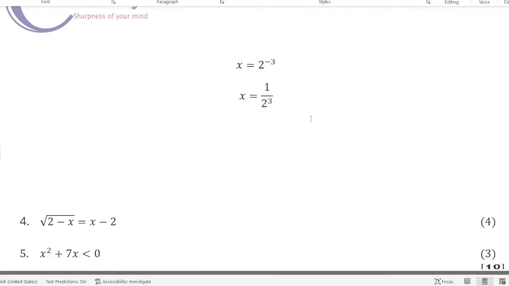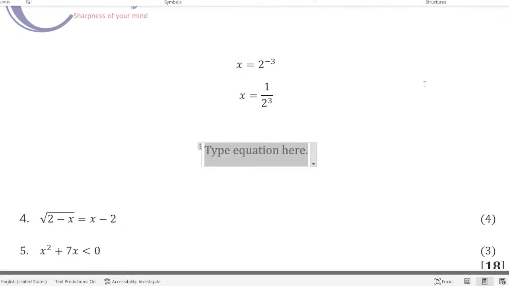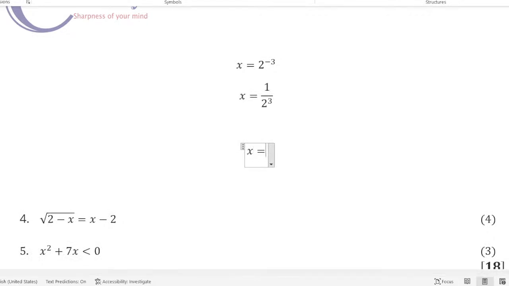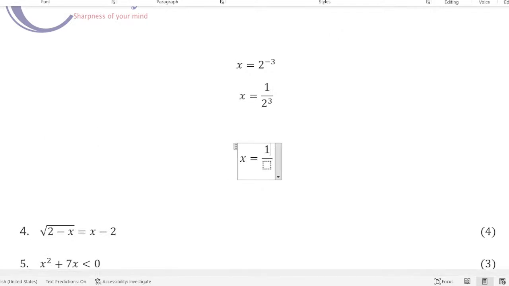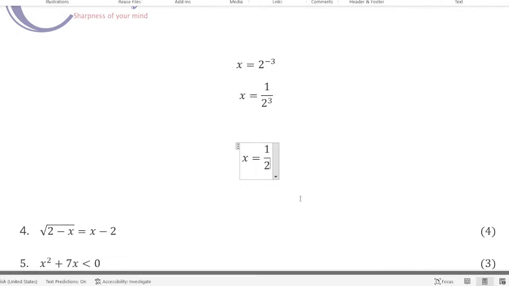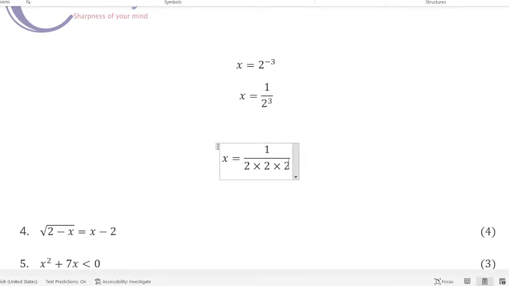to be fair, we have to simplify it. x is equals to 1 over 2 to the power 3, which is the same as 2 multiplied by 2 multiplied by 2, right?